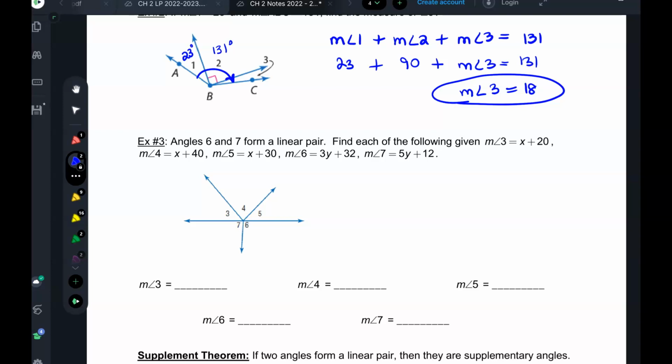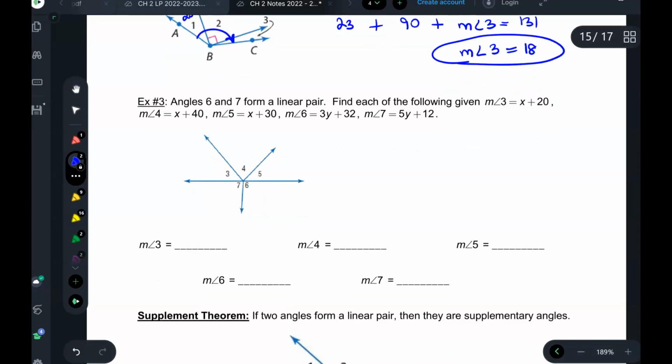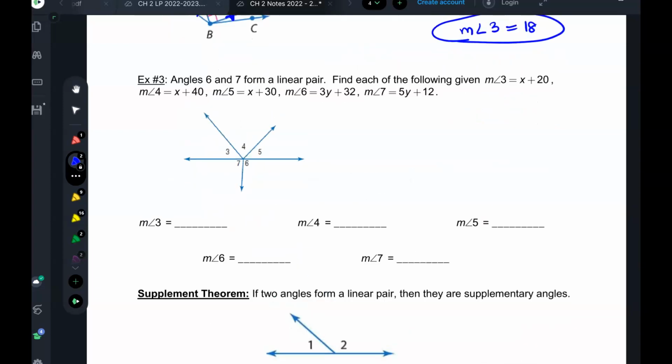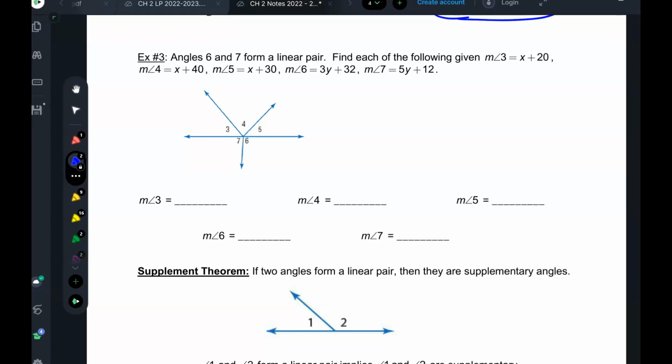Where did I get what? 90. Angle, it's a right angle. Marjorie, 131 degrees. ABC is 131. That's in the directions. Oh, you see it? Okay. Angle 6 and angle 7 form a linear pair. That means angle 6 and angle 7 add up to 180.